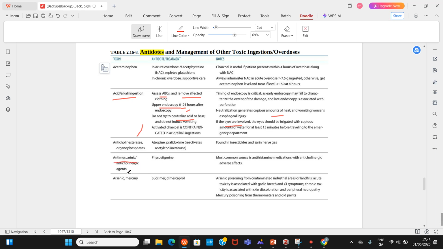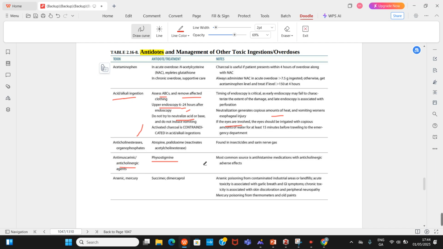Then for anti-muscarinic or anticholinergic toxicity, they've taken a lot of anticholinergic. Maybe they took TCA, which has anti-muscarinic effects, or scopolamine or atropine overdose. You have to reverse them by giving physostigmine, not pyridostigmine. Where do we use pyridostigmine?